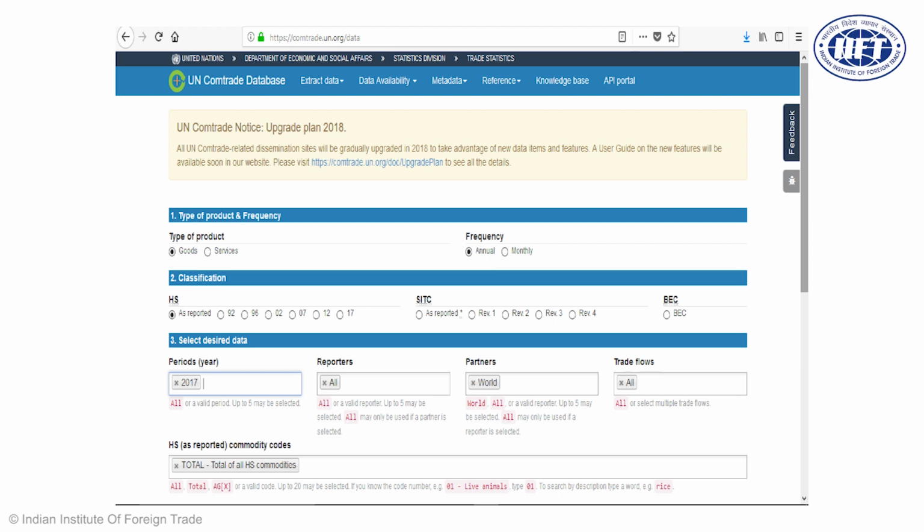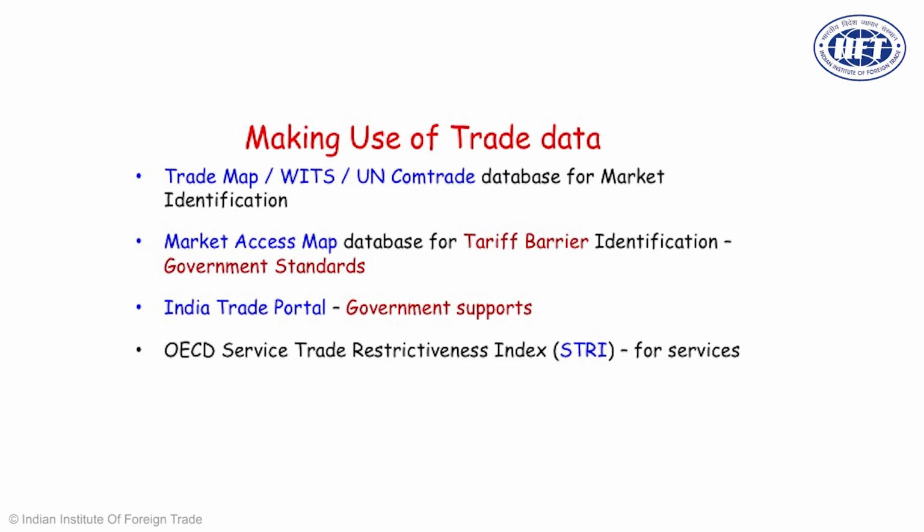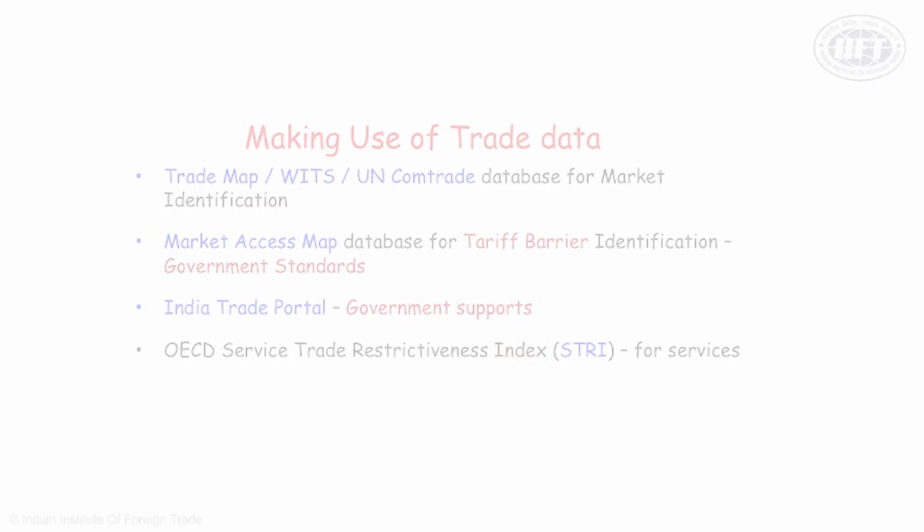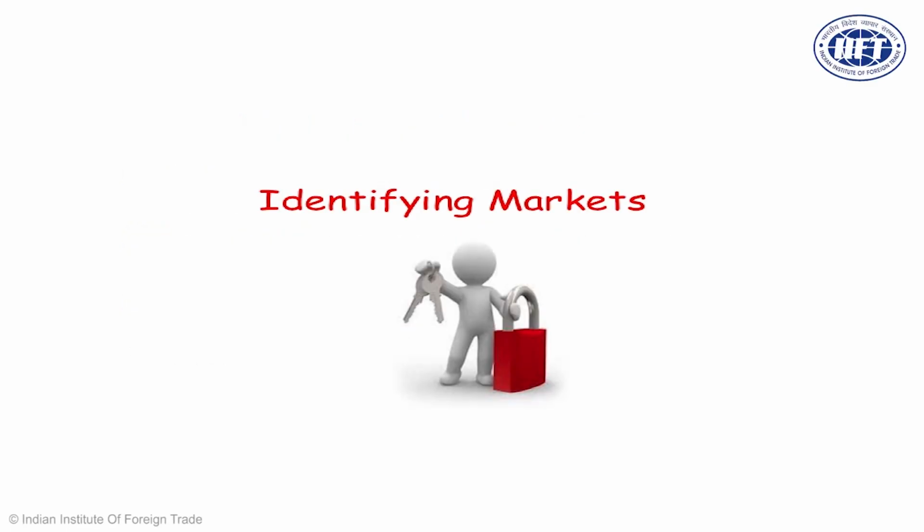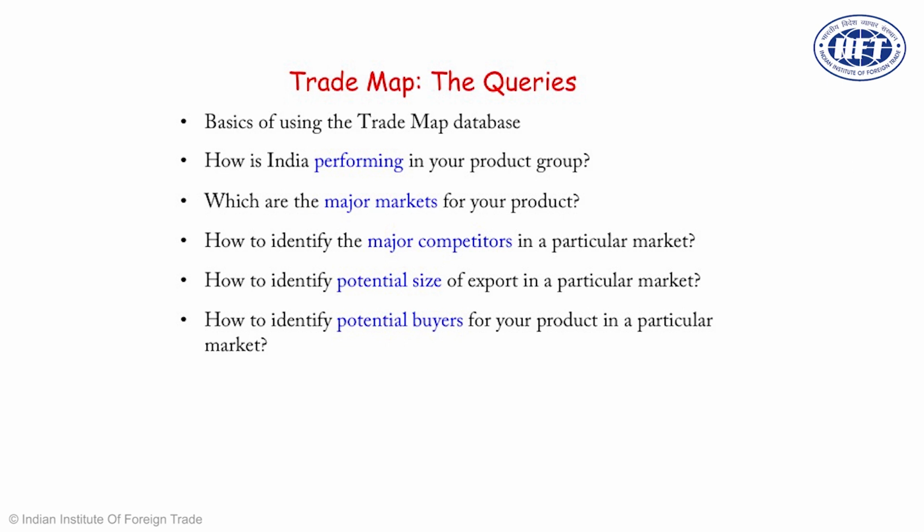ITC TradeMap, WITS maintained by World Bank, UN Comtrade database maintained by UNCTAD, all of them are very good databases for practical use. Let's go to the TradeMap database for market identification, which is a very good resource. You can use very many other databases, but TradeMap gives a good idea.